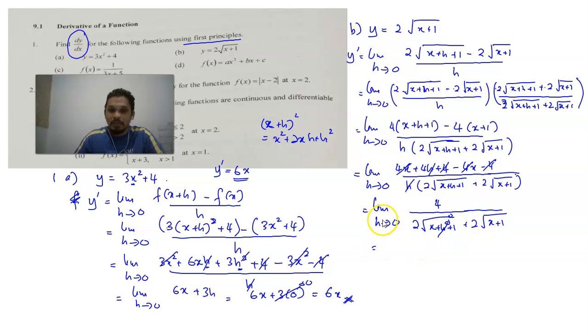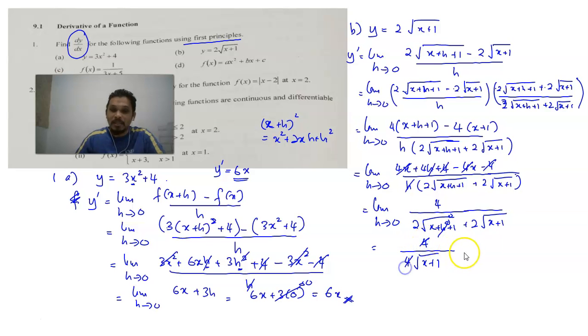Then, because we already substituted h with 0, we have to write down the limit of h approaching 0 here. It's now 4 divided by 2 times square root of x plus 1 and 2 times square root of x plus 1. We come out with 4 square root of x plus 1.